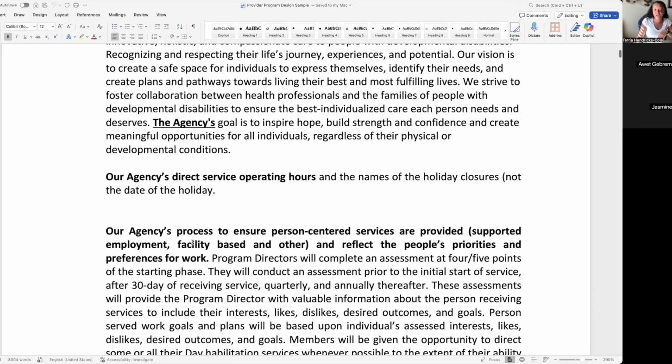Okay, so our agency's process is to ensure person-centered services are provided and reflect the person's priority and preference for work. So, how you figure out what services are needed in your area is there's a list with the state agency that you're working with, and they can tell you if day services are needed.